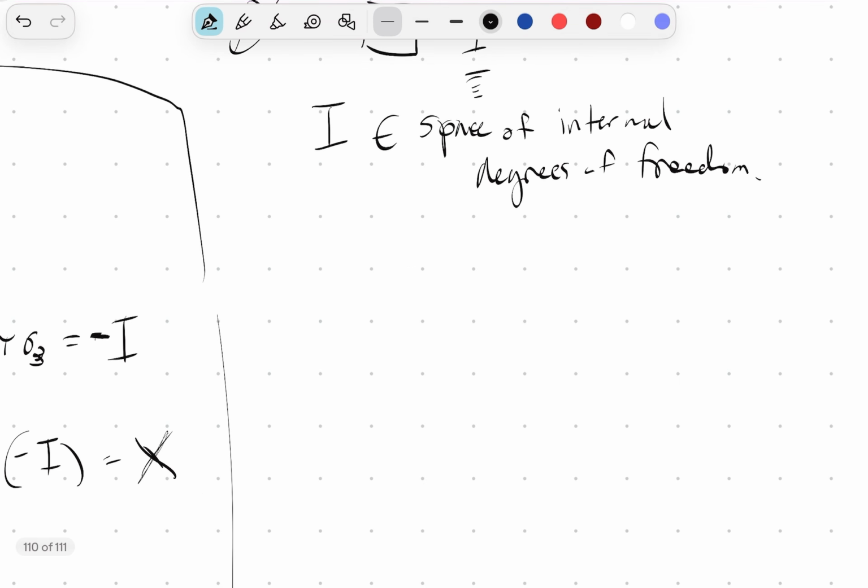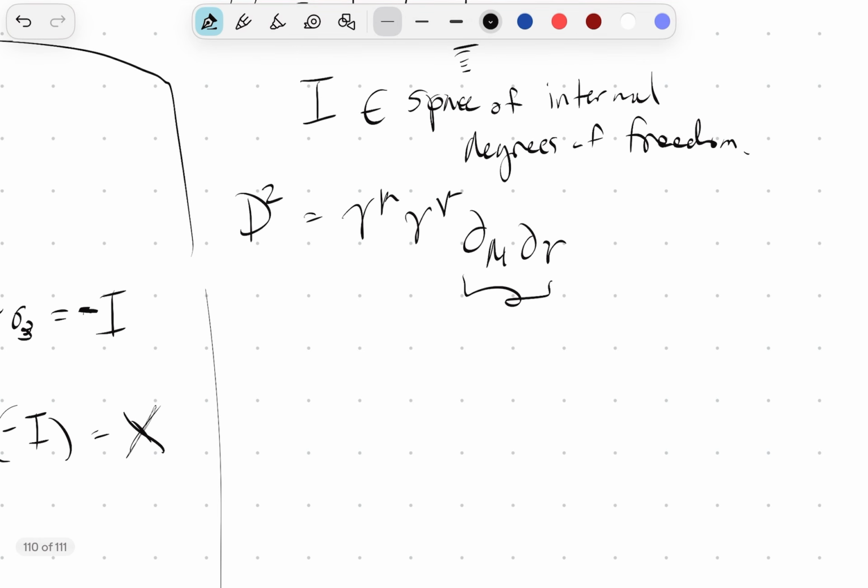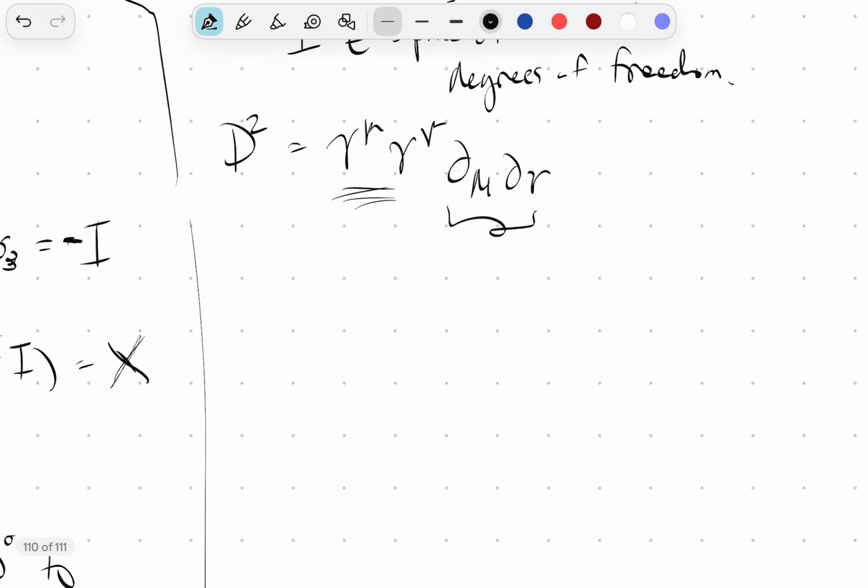So fundamentally what we're trying to do is compute gamma mu, gamma nu, del mu, del nu. And what's happening here is, since these partial derivatives, we're going to assume that they commute, only the symmetric part of the gamma matrices is going to contribute to this Dirac operator.